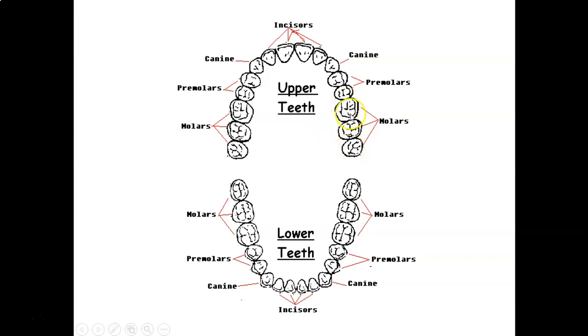And I'm not going to ask you to know wisdom teeth and whether or not you'd have them in or not. Generally, molars are important for grinding food. Again, premolars are also for grinding food, but not quite as bumpy. And then there are premolars, which are also known as bicuspids, canines, which are cuspids, and then incisors.